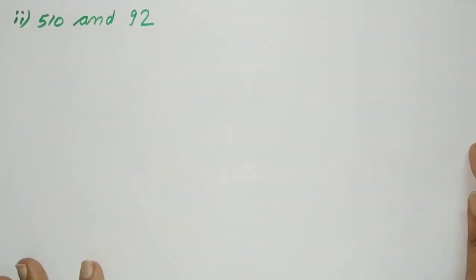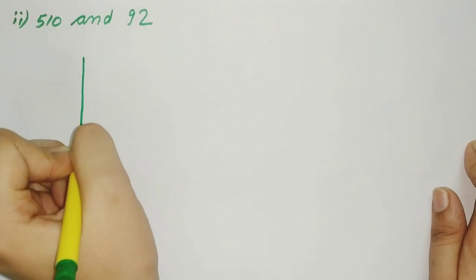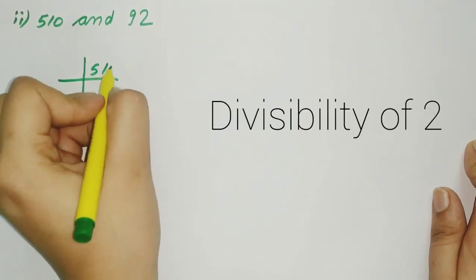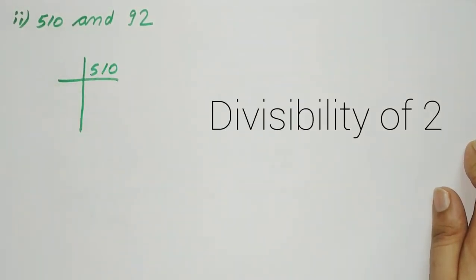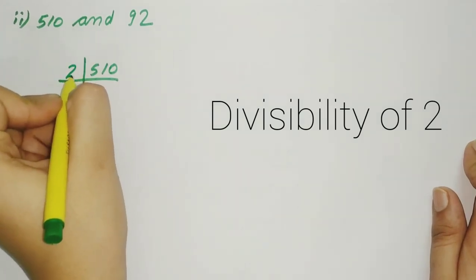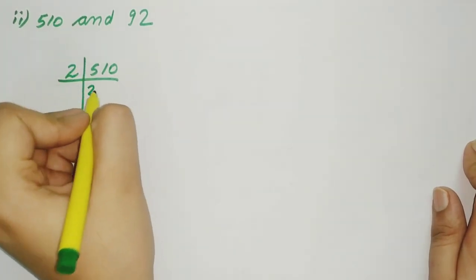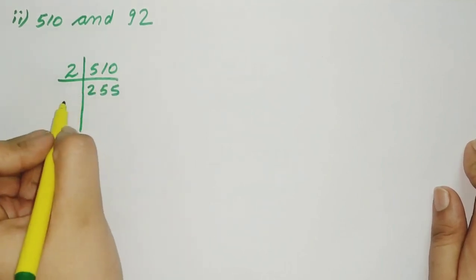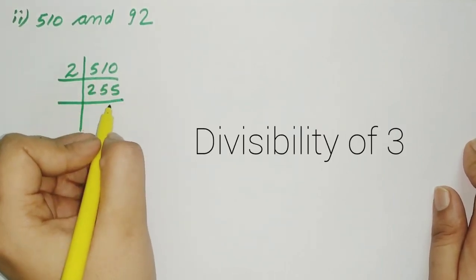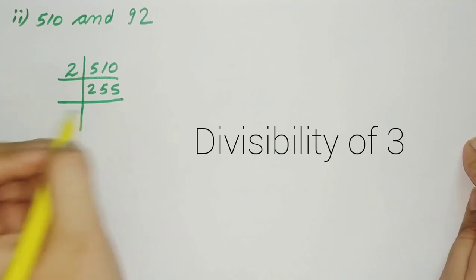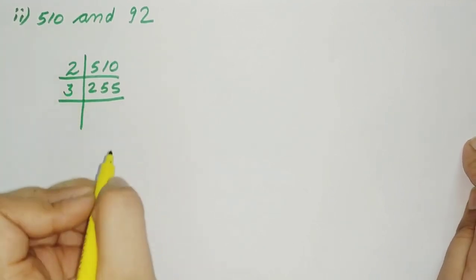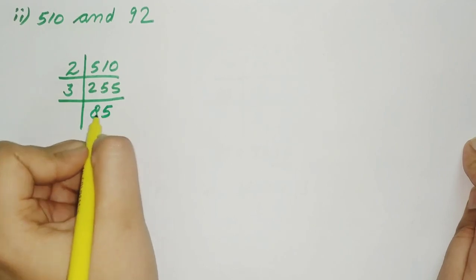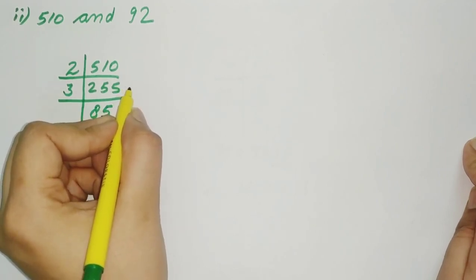So again we'll find out the prime factors of 510. 510 ends with 0, thereby it's divisible by 2, and 2 times 255 is equal to 510. Now 255 is not divisible by 2, so we'll try to divide it by 3, and 3 times 85 is equal to 255.